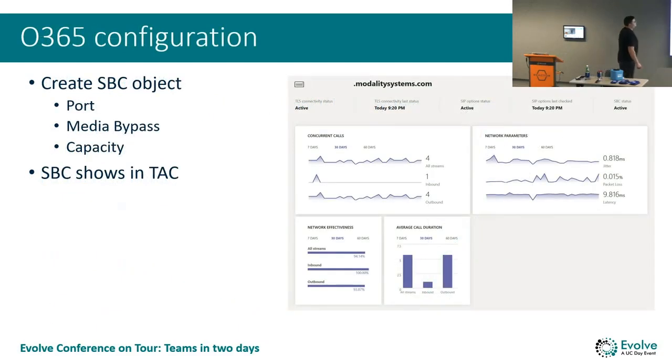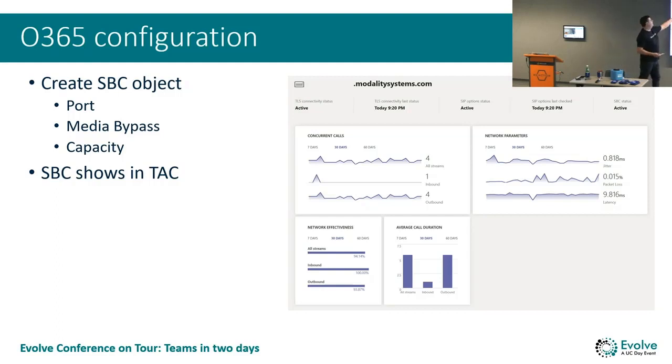On the Office 365 side, there are 3 things that you need to do. First one is create the actual SBC object, and you need to pick a port. Generally, I think we've been using 5068 because that isn't generally in use in the other organizations in their Skype infrastructure.